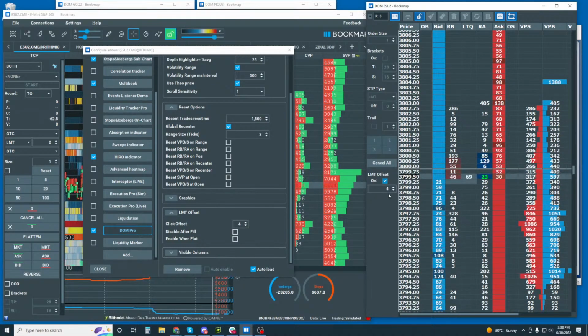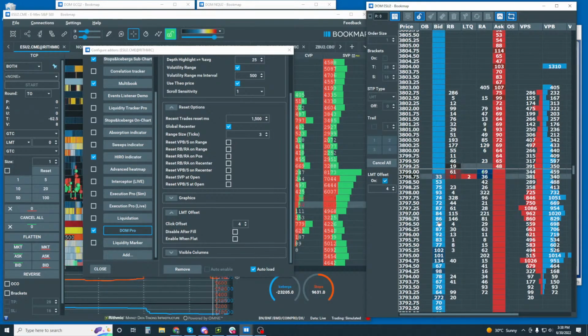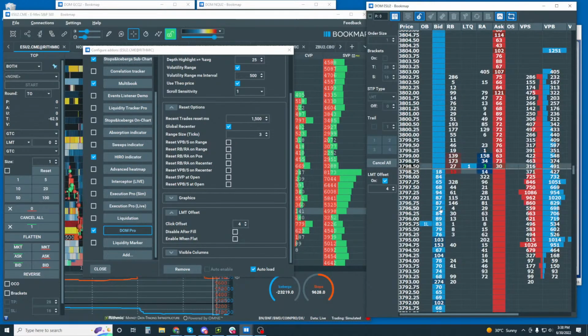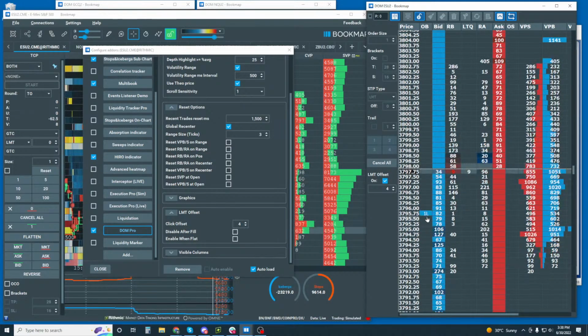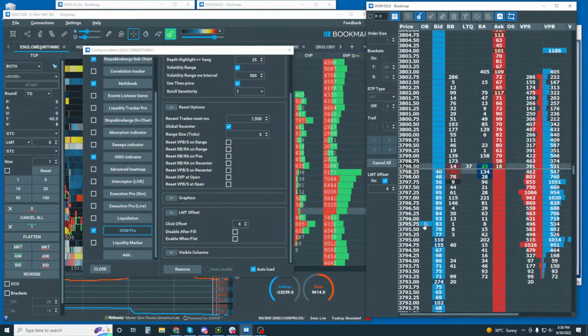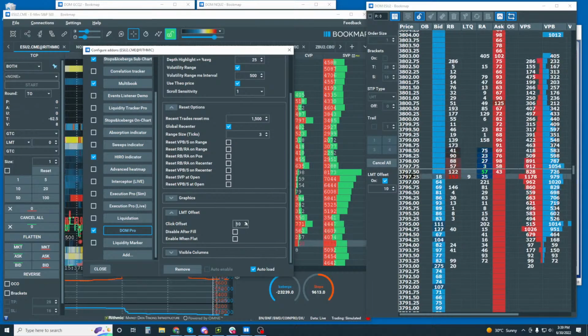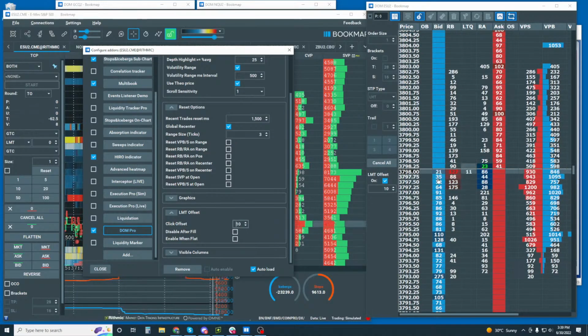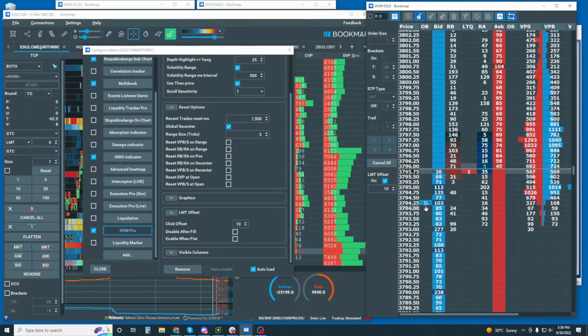Now it's enabled, and we're looking for 4 ticks. If I click here, you can see wherever I clicked, 4 ticks away is where it sets my order. Let's do it with 10 actually. I'll click here at the current market, and there it set my order down here.